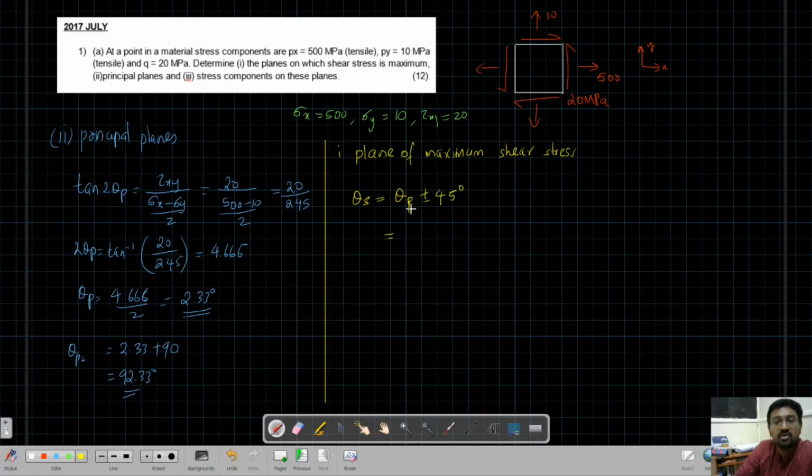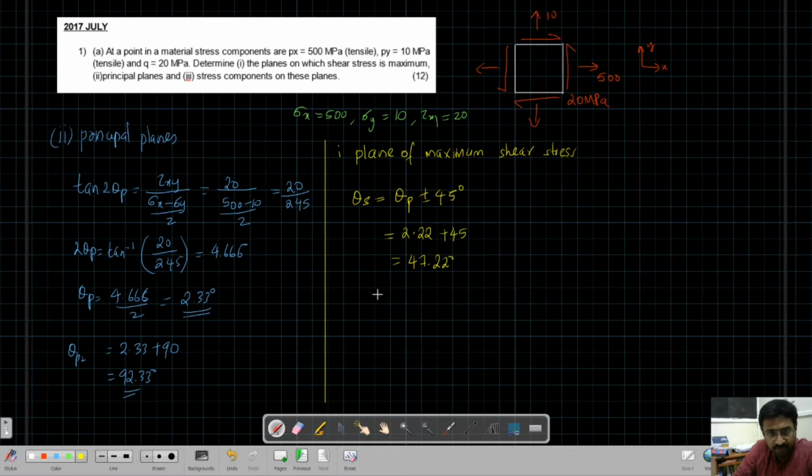So this will be equal to 2.33 plus 45, which is 47.33.